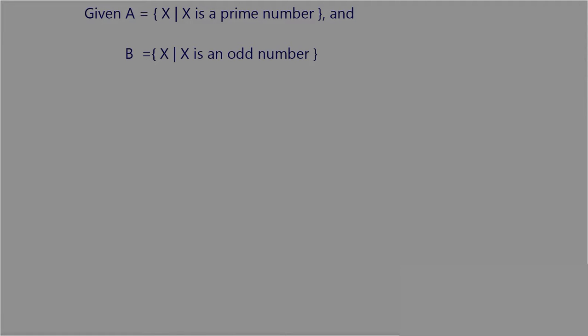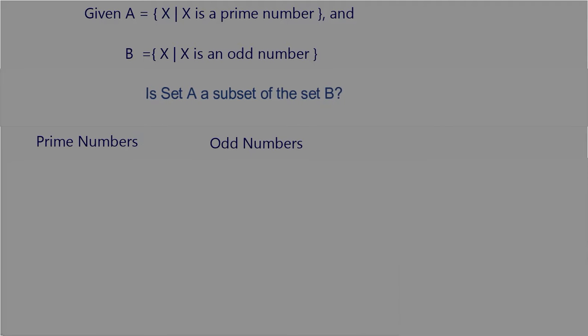Given that A equals a set containing X, such that X is a prime number, and set B containing a set X, such that X is an odd number. Is set A a subset of set B? Well, we can change both set A and set B from the set builder method into the listing method. Since set A contains prime natural numbers as its elements, we can write out the first three prime numbers.